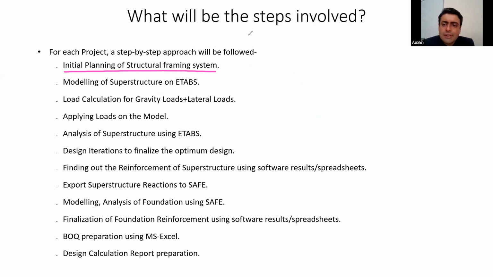So this means that we will have to first see what type of structural system we are going to adopt. That is going to be the first question that we have to decide on.